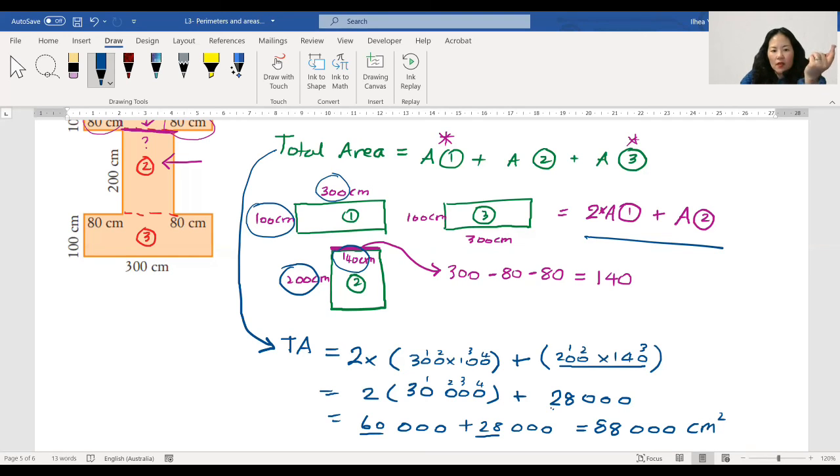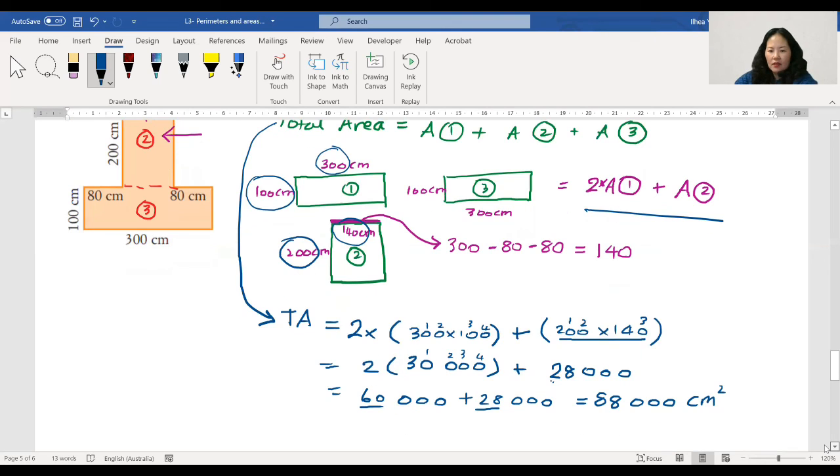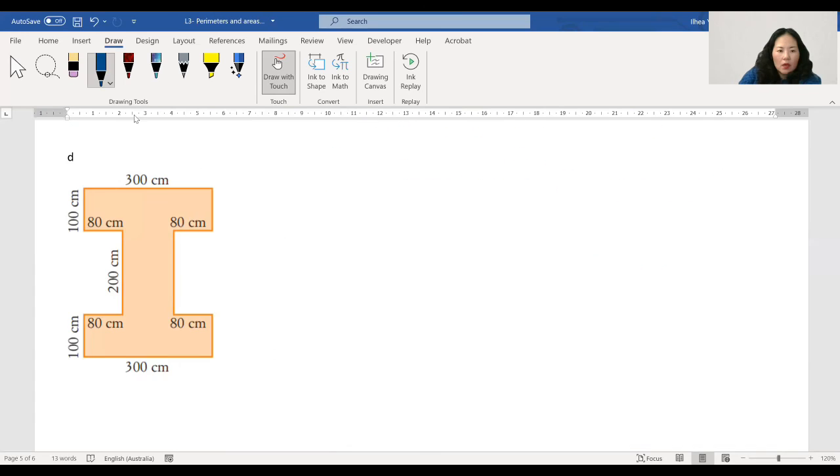Now, this one, I want to find perimeter. That's going to be a little bit challenging for us. So how many sides do we have? 1, 2.